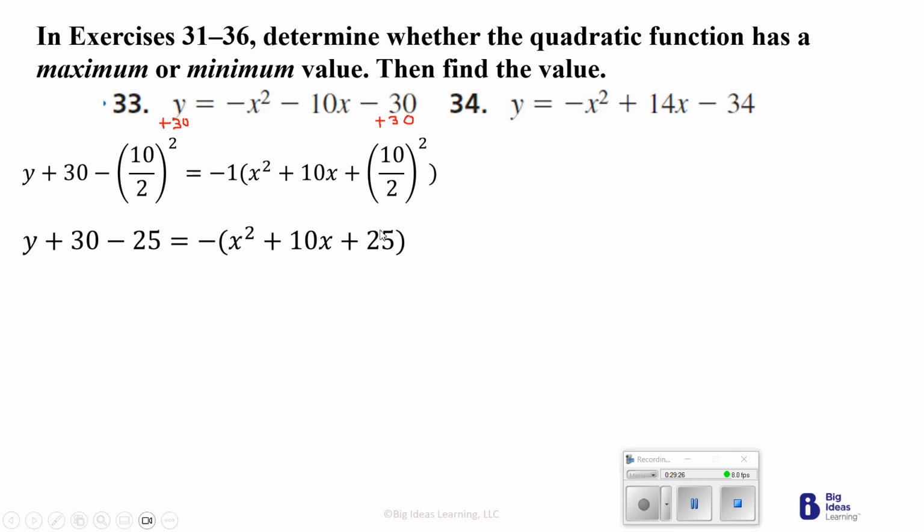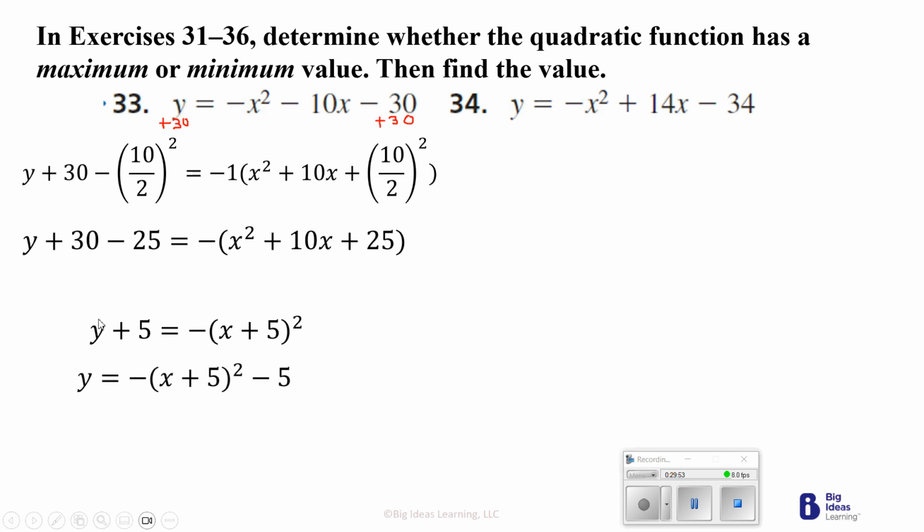Okay. Once they've done that, they're going to say that y plus 5, right? The square root of 25, well, that's going to be 5, is going to be equal to negative (x plus 5) squared. Okay? And again, they took the x out, the positive sign, and then the 5 right here.